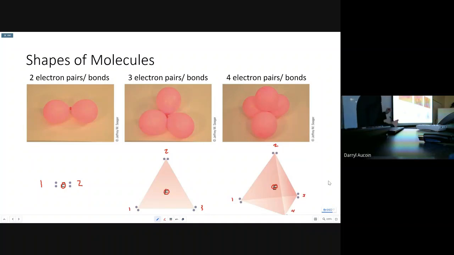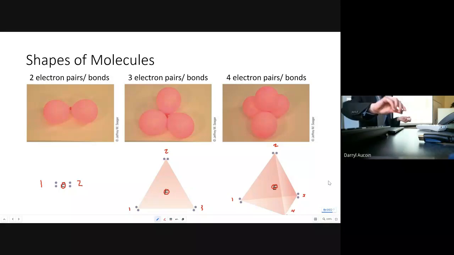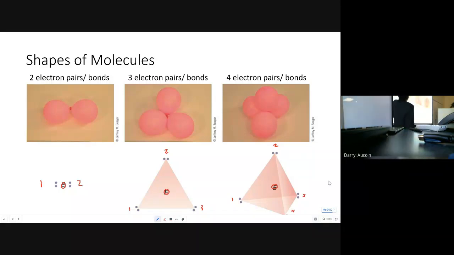Depending on how many things are on your atom, which is the atom in the middle that we're not going to count, we can get a couple different shapes. And these different shapes will arise from how many different atoms are present around that central atom.